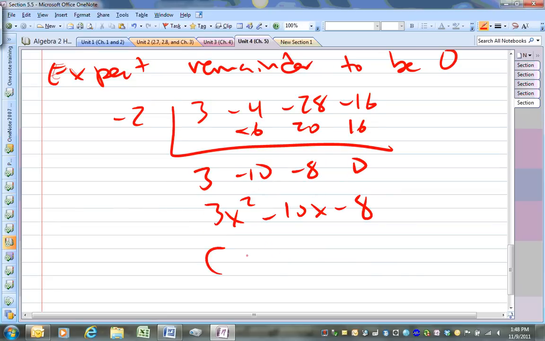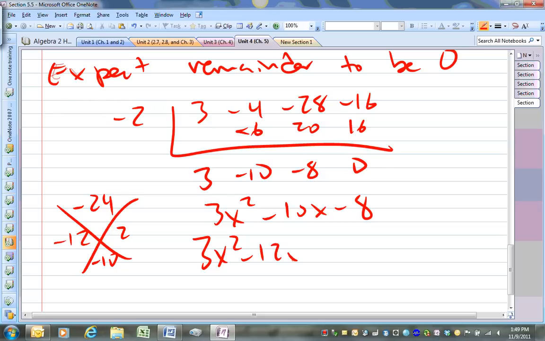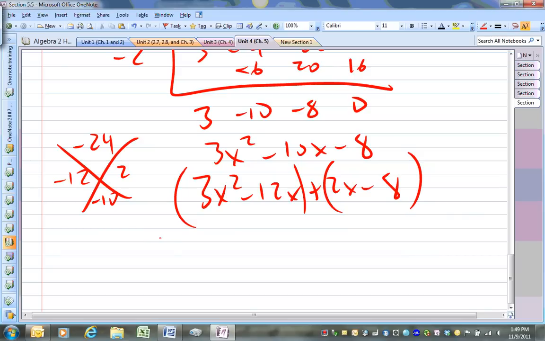Then we can factor this, doing the diamond. That would be negative 12 and 2. And actually I did that prematurely, because I have to split the middle term. So 3x squared minus 12x plus 2x minus 8. You can factor out 3x. So you have x minus 4.